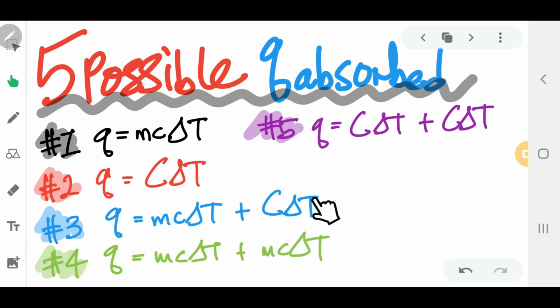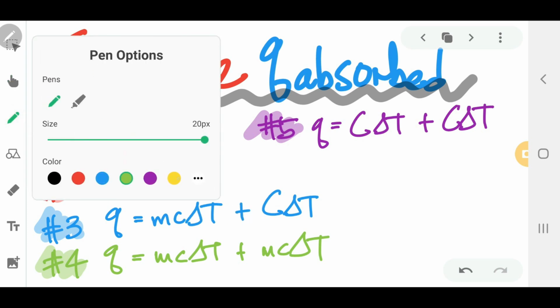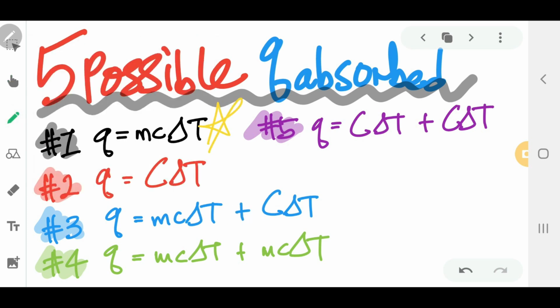And finally, the 5th possibility is when the heat absorbed is represented as the heat capacity times the change in temperature plus another heat capacity times the change in temperature. So we have 5 possibilities, but the ones that I am marking with the star sign, numbers 1, 2, and 3, are the most common, the most popular ones that will be used in exams.